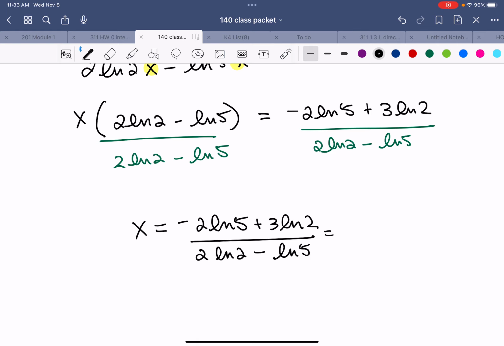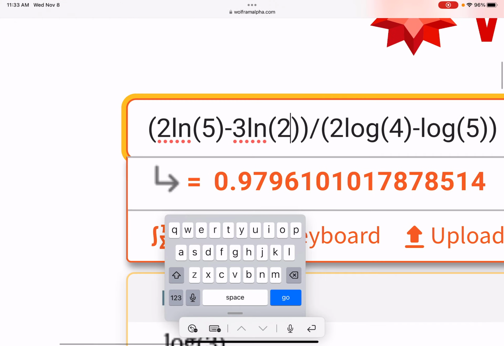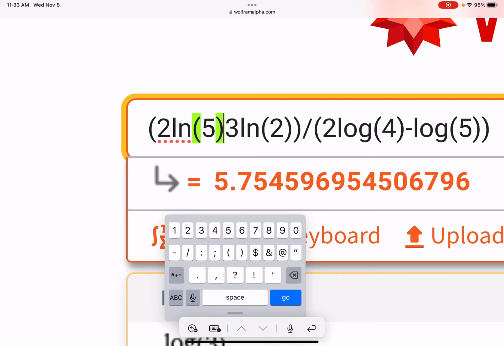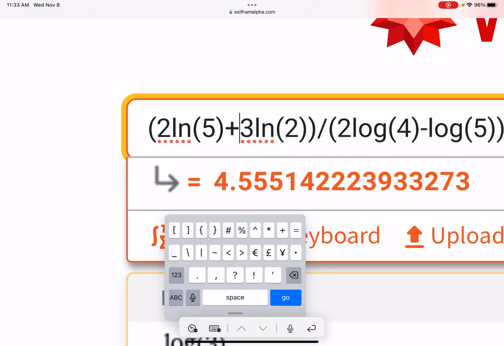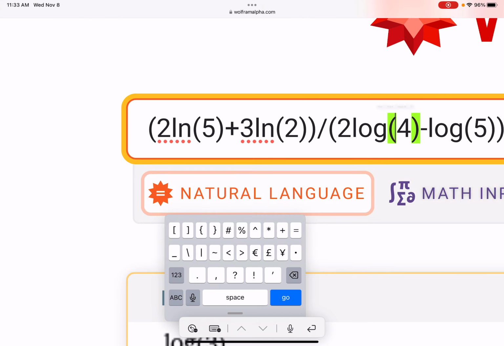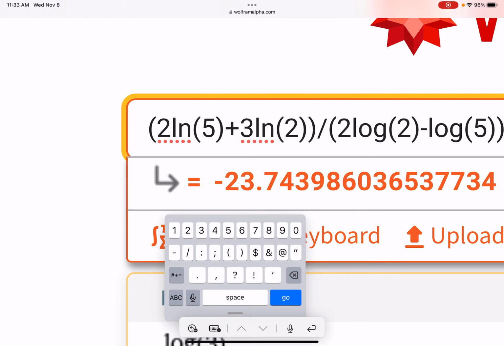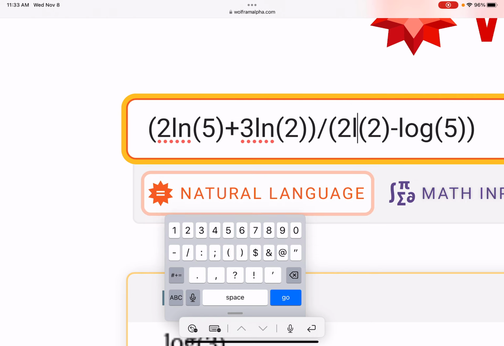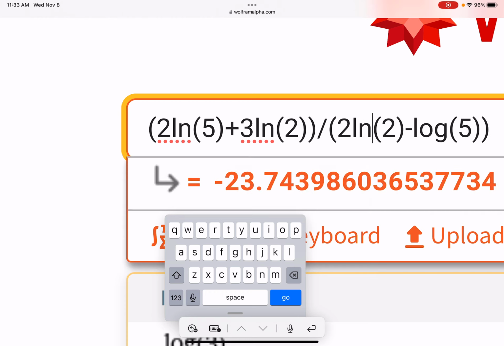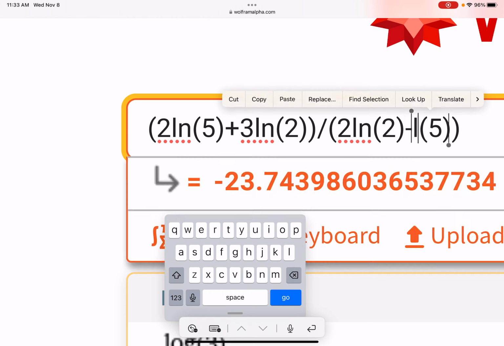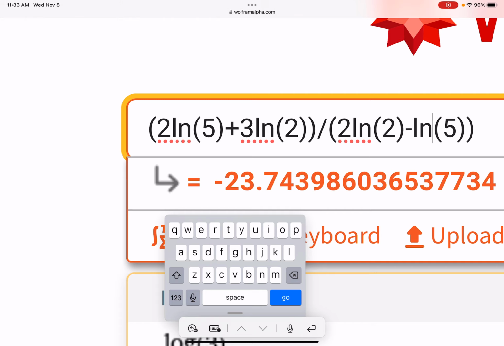That's what I thought. And then 2 ln 2 minus ln of 5 on the bottom. And that gives us negative 23.74.